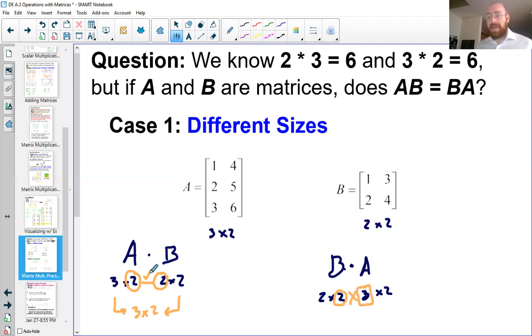And so even though A times B is defined, B times A is undefined. So we can say that when they are different sizes, A times B is not equal to B times A. And this is always true.